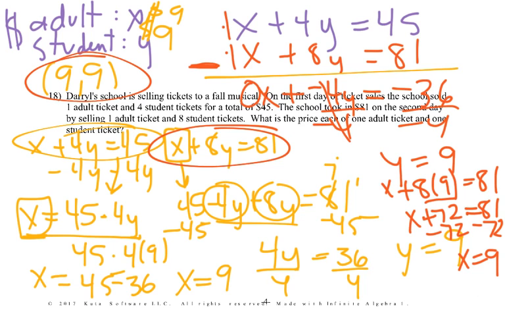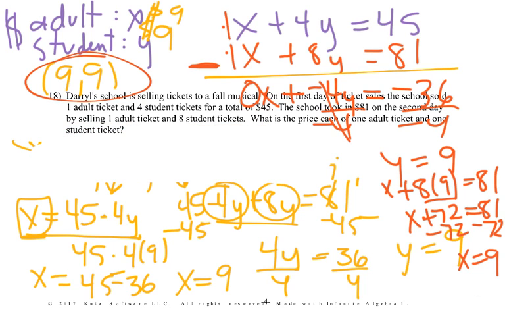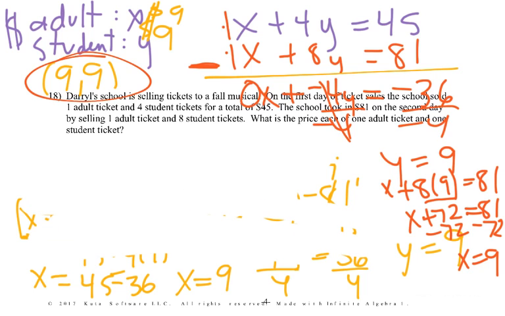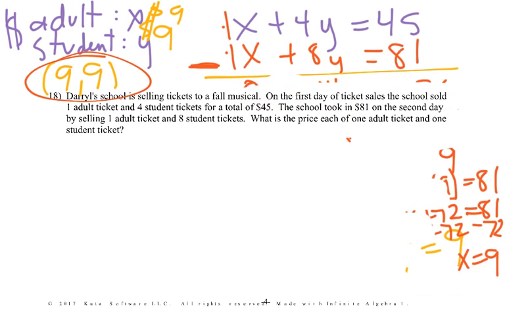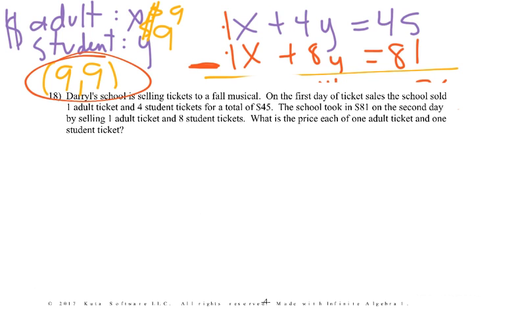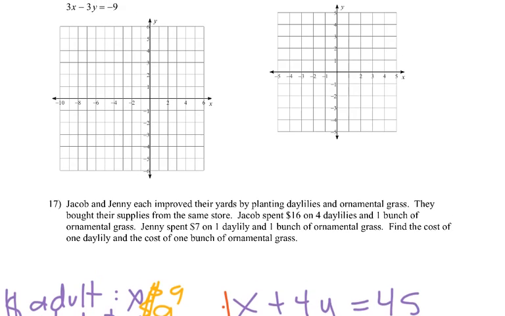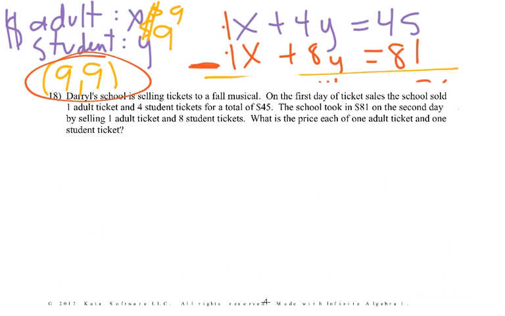Now, what if I wanted to graph? Well, if I wanted to graph in standard form, I would simply use a graphing calculator or Desmos and graph those. And we know the point where they would intersect would be 9, 9. However, to draw my graph by hand, I would need to adjust these into slope-intercept form.